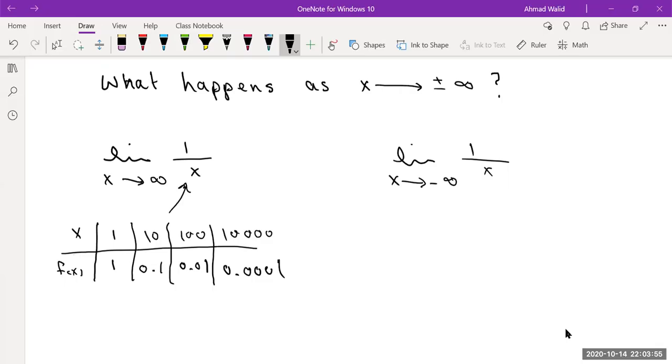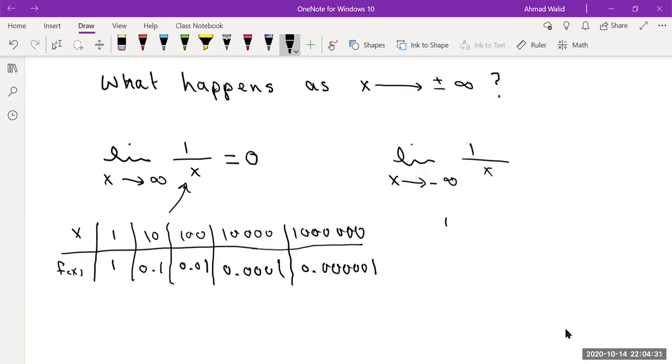As x approaches infinity, as this number grows bigger and bigger, for example, this time I'll put a million, then the answer will be 0.000001. You are going closer and closer to which number? To 0, right? 0.000001 is really a close number to 0. Then the answer for this limit is 0.